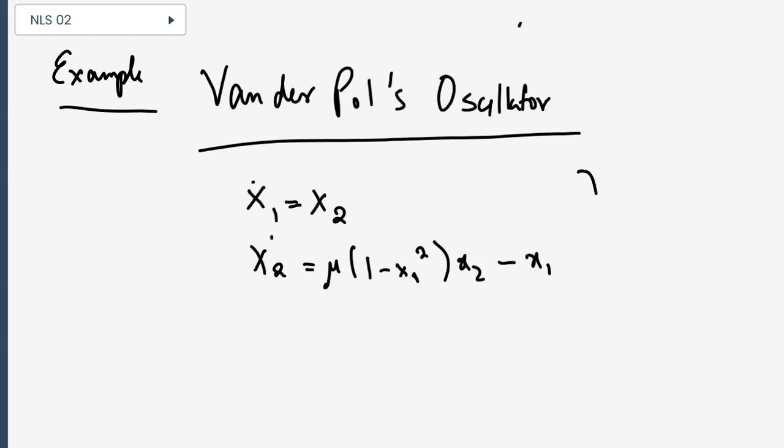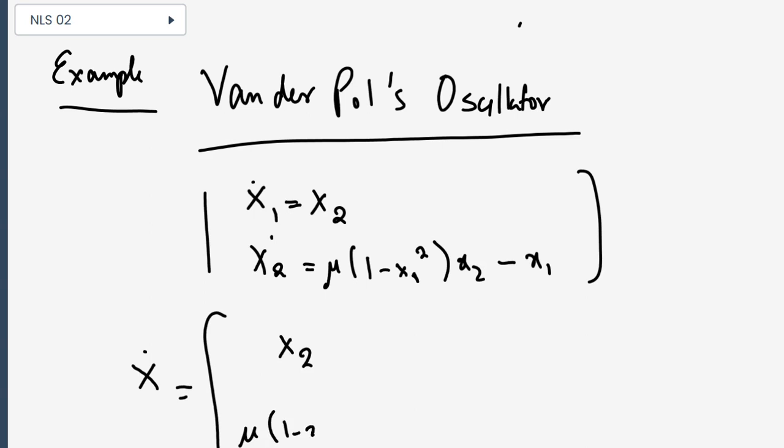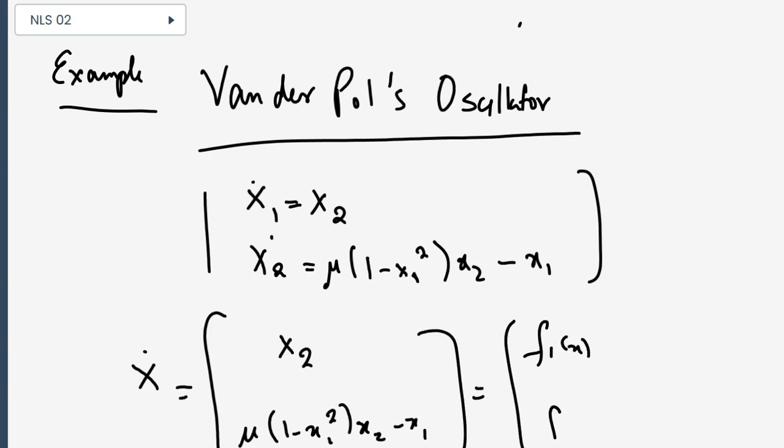So these two equations can be put in the state space model in the matrix form. X dot equal to x2, mu (1 minus x1 square) x2 minus x1, which is equal to f1 of x, f2 of x.